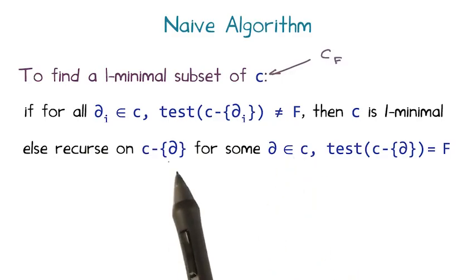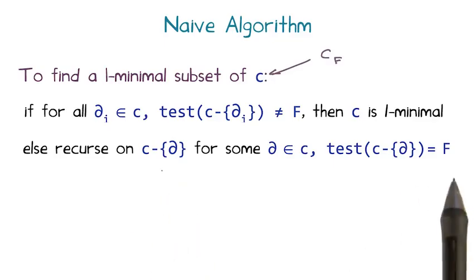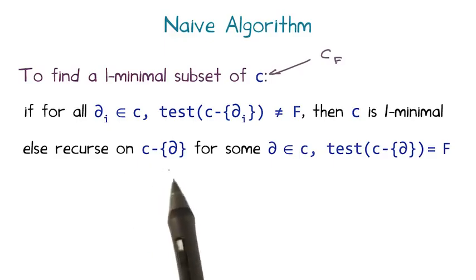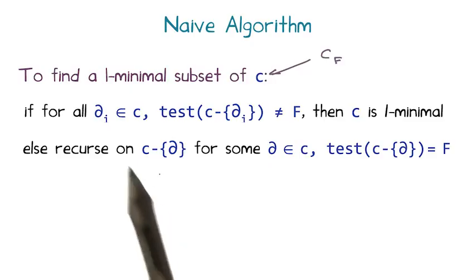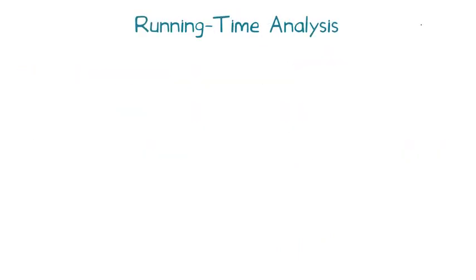If we find a change delta such that C without delta still induces the failure, then we can call the algorithm recursively on C prime equals C minus delta. On the other hand, if every change's removal causes the test to stop failing, then C is one minimal, and so we return C.